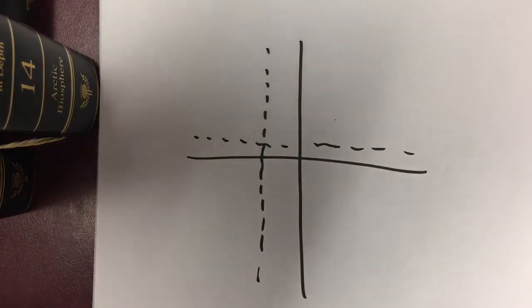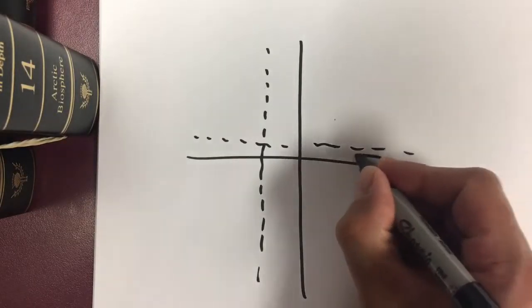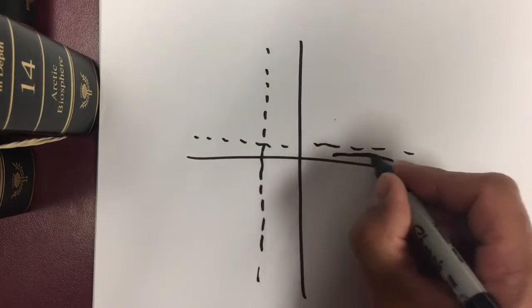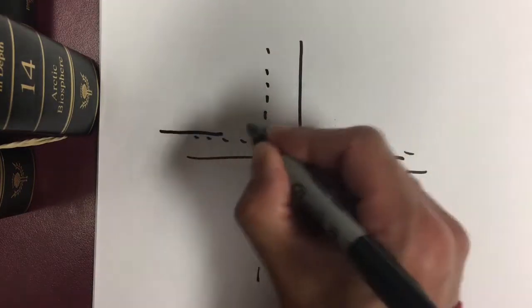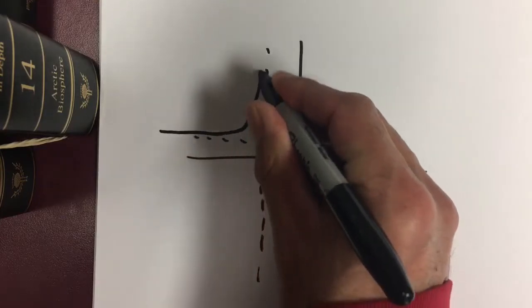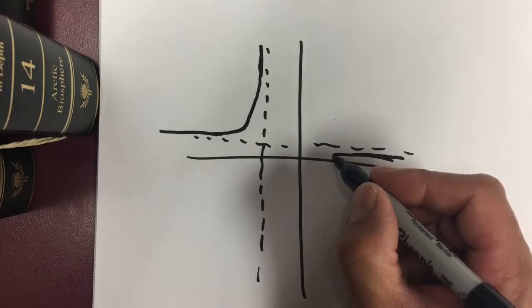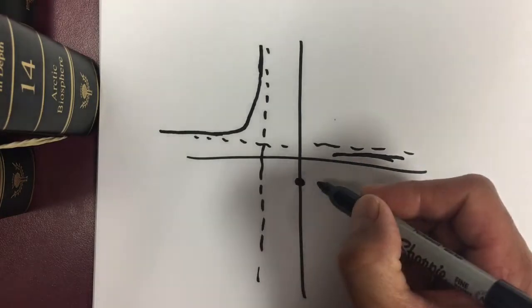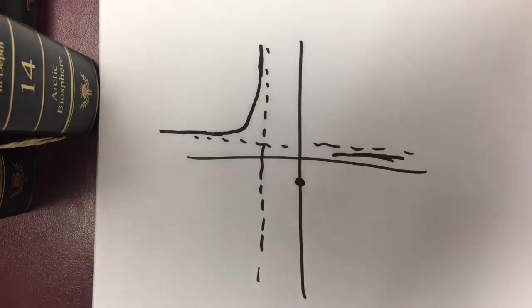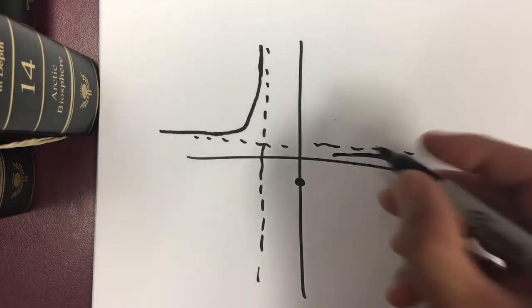And as x goes to infinity, we're approaching 1 from below, so it's going to look like that. And we're approaching 1 from above as x goes to negative infinity. And we have a y-intercept of negative 1, and an x-intercept of positive 3.